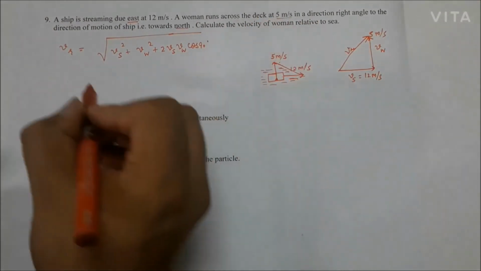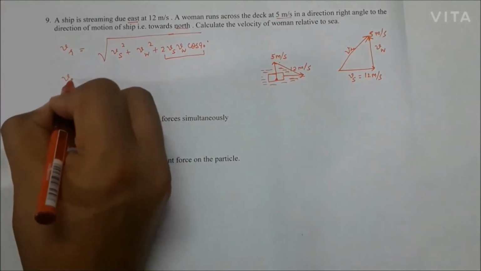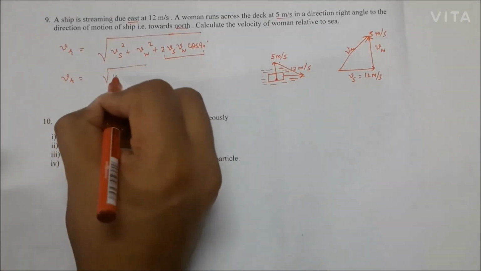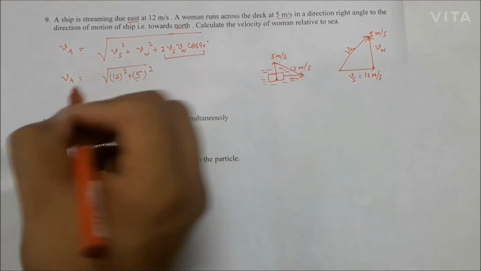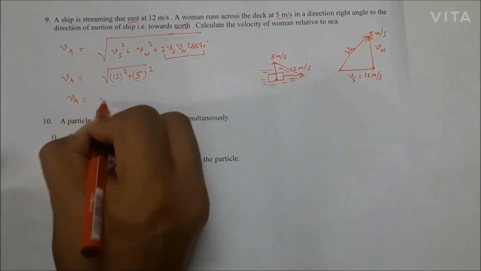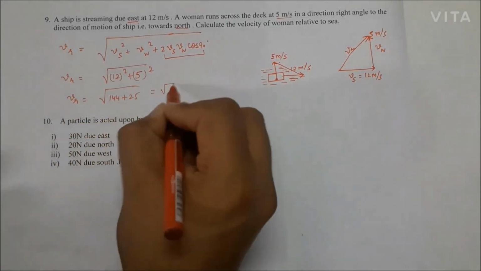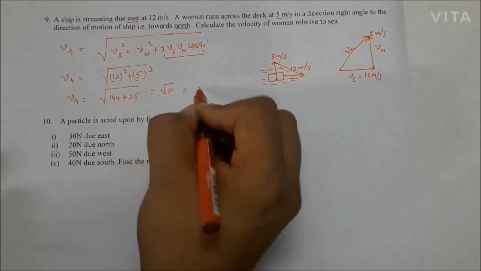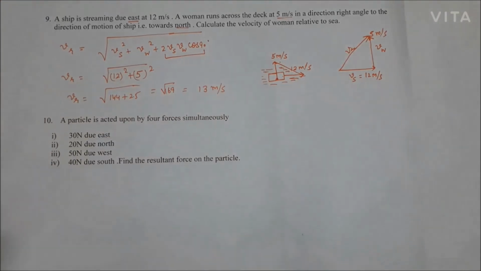So the angle between them is 90 degrees. So this quantity itself will become 0. Now your resultant comes out to be 12 square plus 5 square, and VR comes out to be 144 plus 25, and it comes out to be root 169, and the square root of 169 is 13 meter per second. Okay, so this is your relative velocity of the woman with respect to sea.